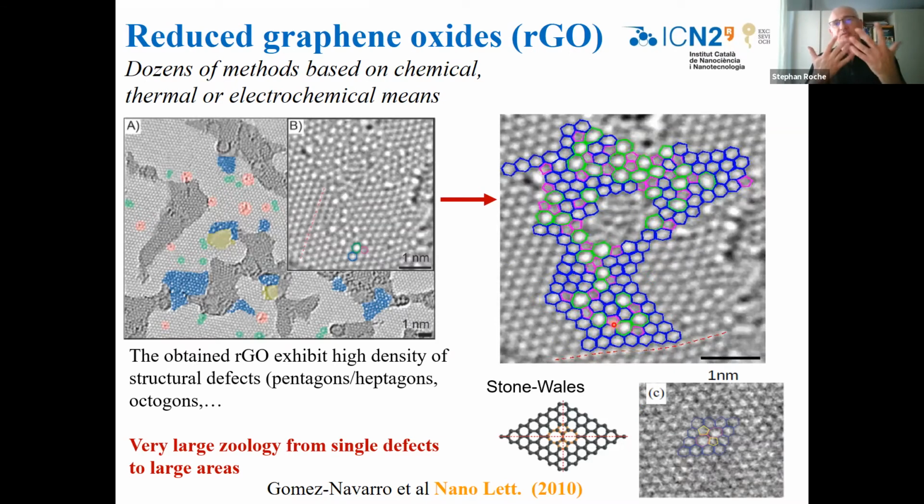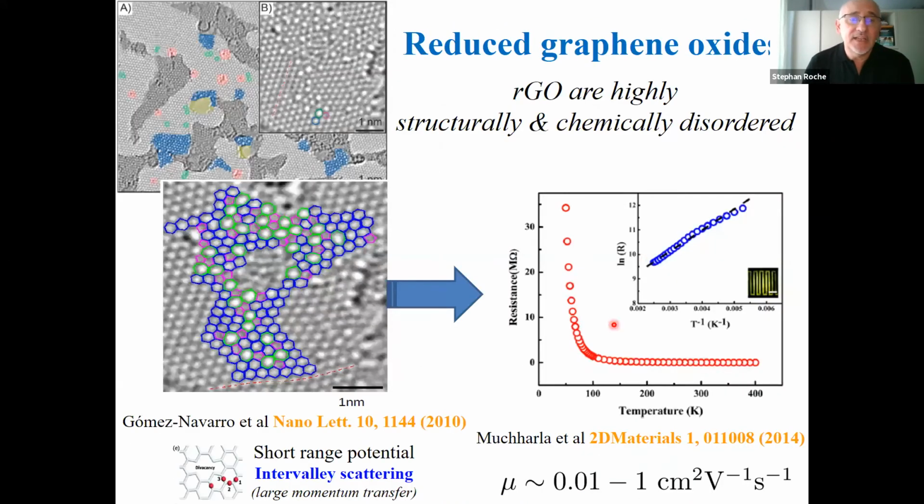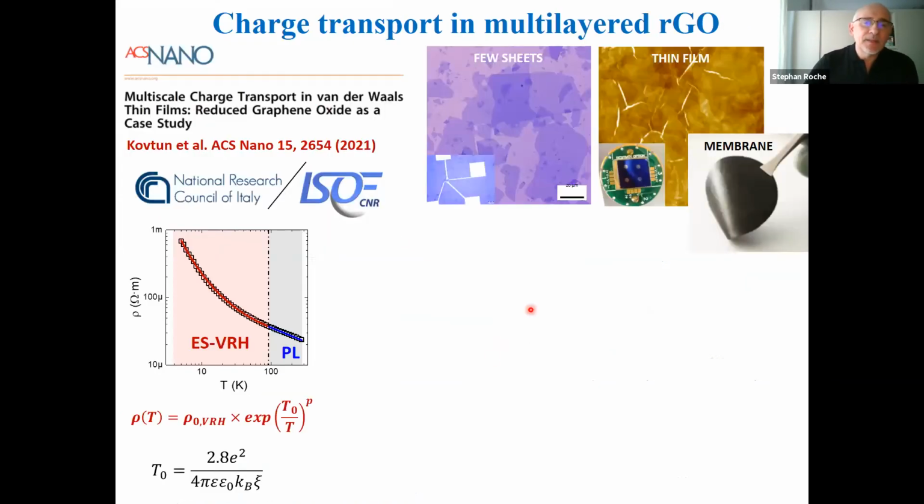So the system becomes more and more amorphous, and these defects will have an important impact on the electrical properties in particular. As I said before, if you look at the resistance versus temperature, these were some measurements made several years ago. The system becomes very insulating at low temperature due to the presence of this type of defects, which in graphene introduce so-called intervalley scattering.